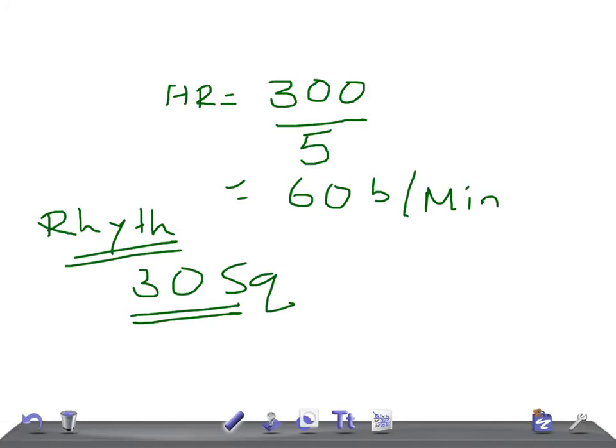Let me explain with an example. The number of QRS complexes in the 30 squares, totally, is 11, for example.